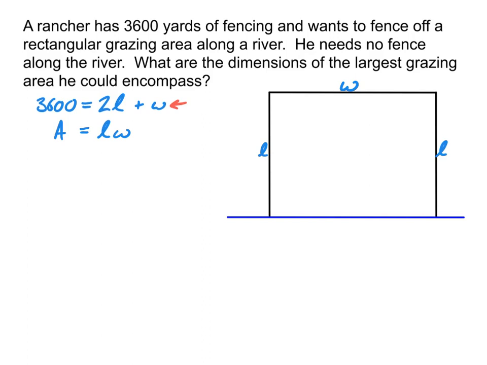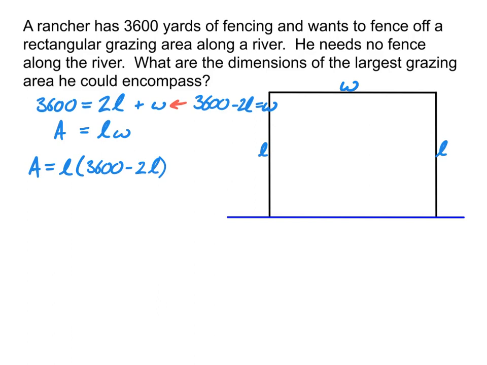I'm going to subtract 2L from both sides, which gives me the equation 3,600 minus 2L equals W. And that's now the equation that I'm going to substitute in for W in this equation. So my new area equation is now L times (3,600 minus 2L).